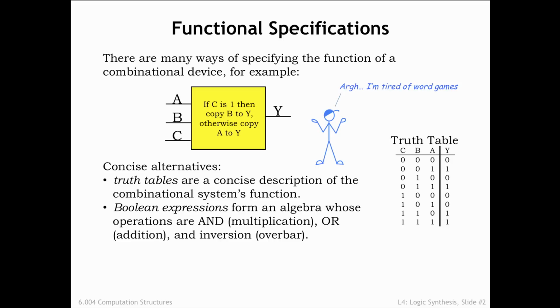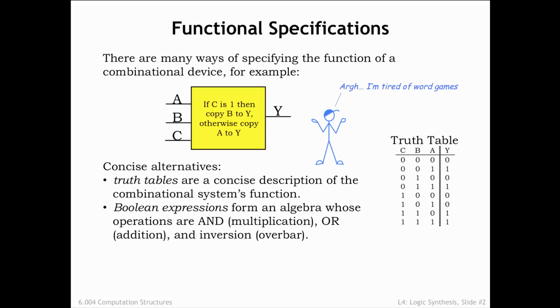There are 2 times 2 times 2 equals 2 to the third, or 8 combinations of the 3 input values, so there are 8 rows in the truth table. It's straightforward to systematically enumerate the 8 combinations, which makes it easy to ensure that no combination is omitted when building the specification. And since the output values are specified explicitly, there isn't much room for misinterpreting the desired functionality.